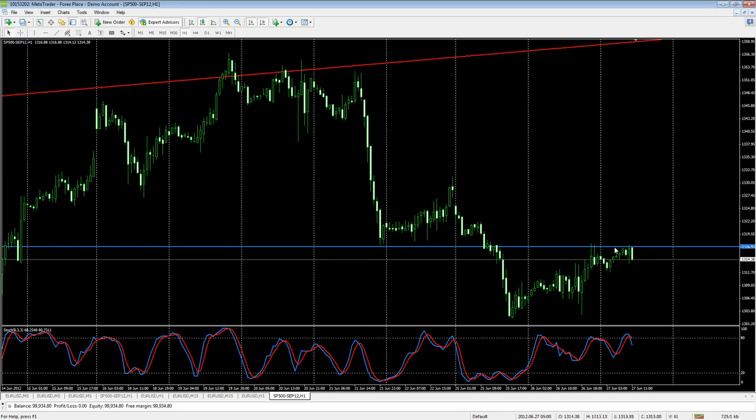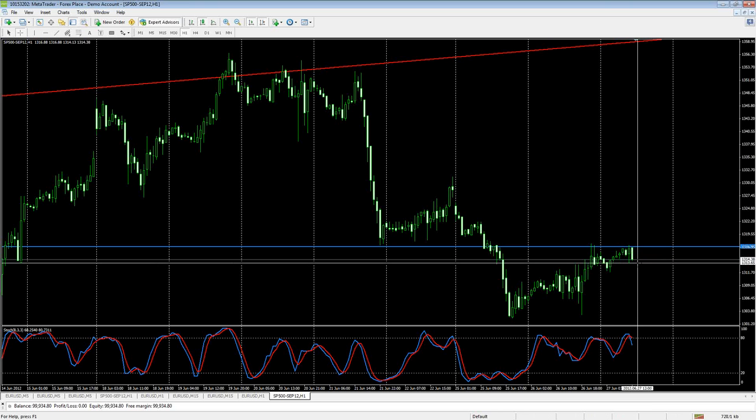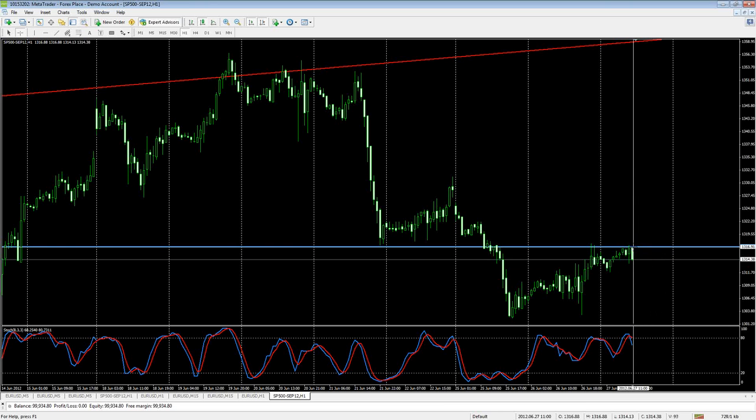But even if you enter around this area and you take something, you enter right at the resistance line and the price starts dropping, you can pretty fast move your stop loss to break even or a small profit, so that even if eventually the S&P or another instrument does reverse, you're still stopped out with a small profit and not with a loss.